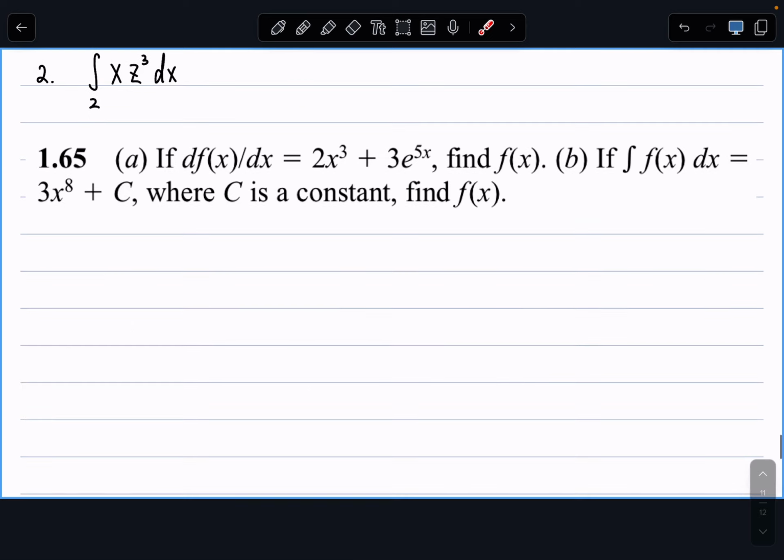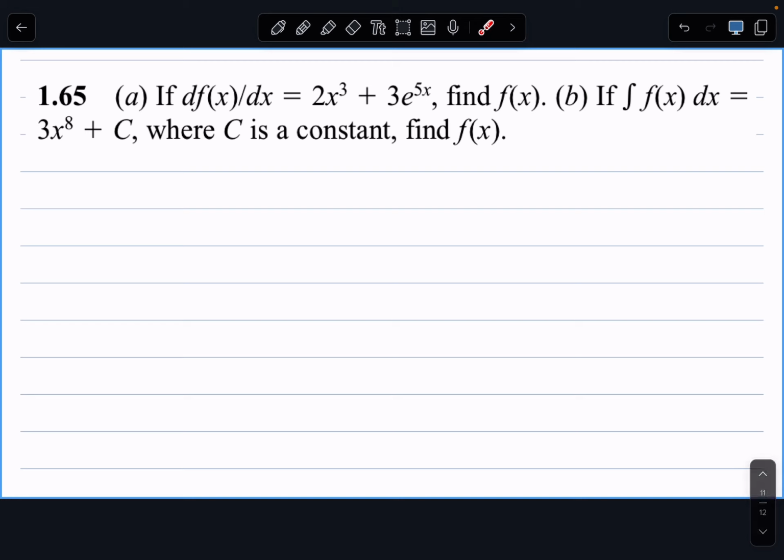But let's do problem 1.65 together. We can read it together. Part A tells you the differential of f(x) over x and asks you to find f(x). And B gives you an integral, the result of an integration, and asks you to find f(x).